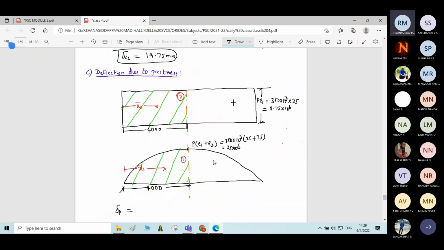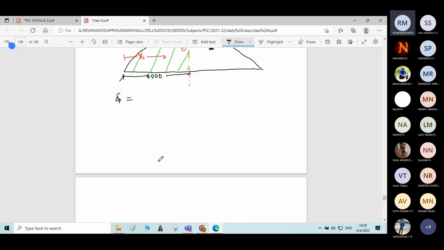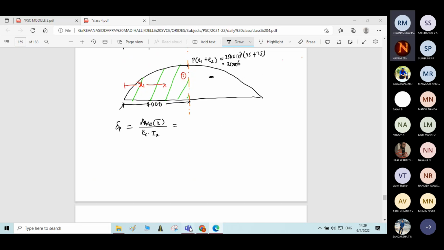Now first you write the generalized formula, area into x bar divided by Ec into Ix. Expand this formula.